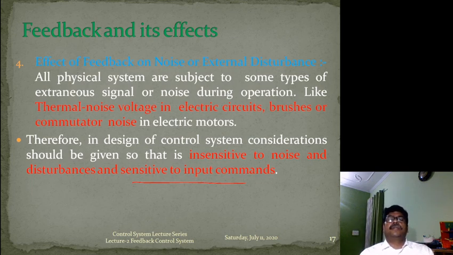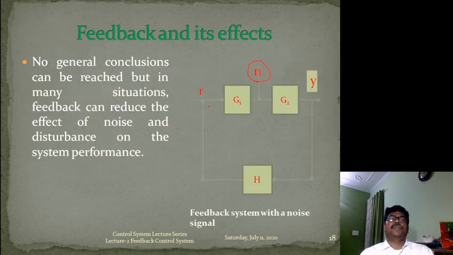It is desired that the system should be very much insensitive to the noise and disturbance and sensitive to the input command. So in general, no conclusion can be reached, but in many situations feedback can reduce the effect of noise and disturbance on the system performance.